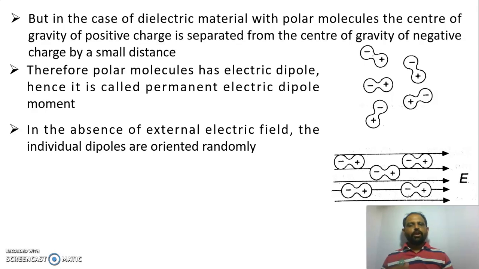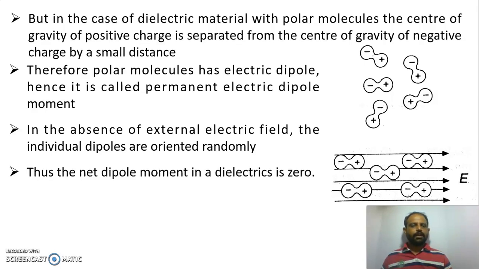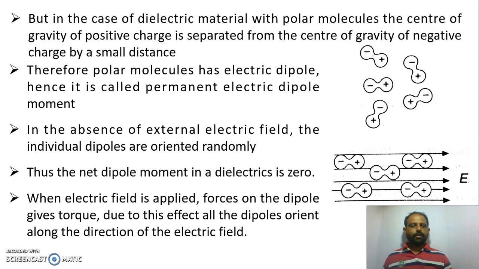The polar molecules have electric dipoles, hence they are called electric dipole moments. In the absence of an external electric field, the individual dipoles are oriented randomly. So the net dipole moment in dielectrics is zero.